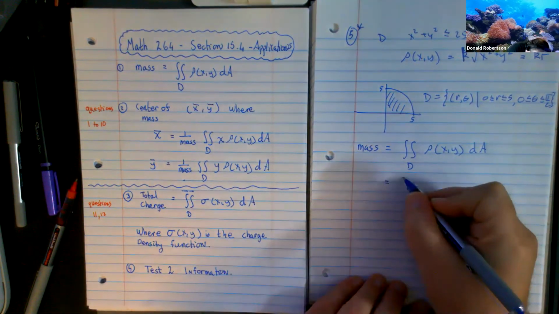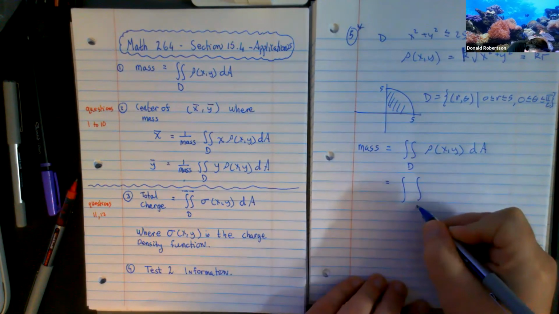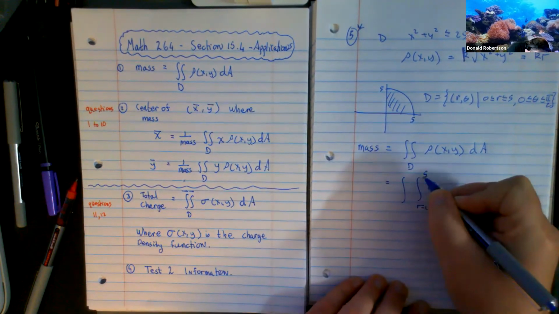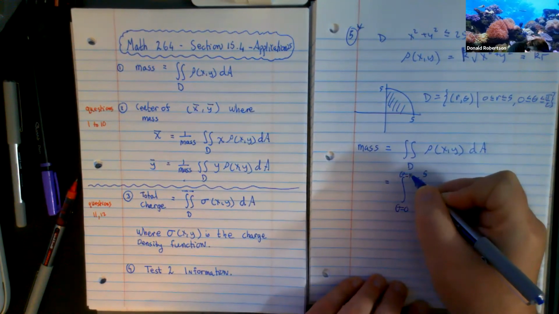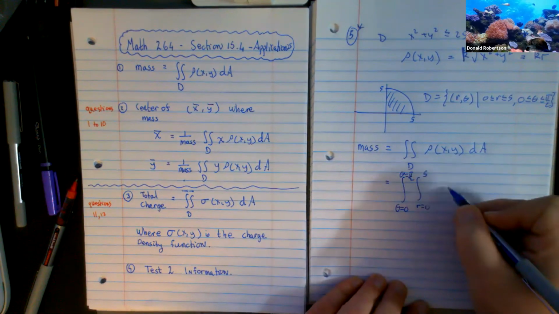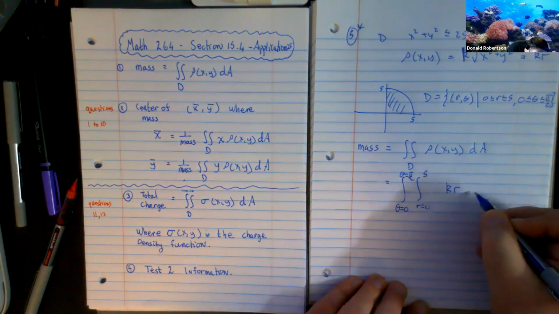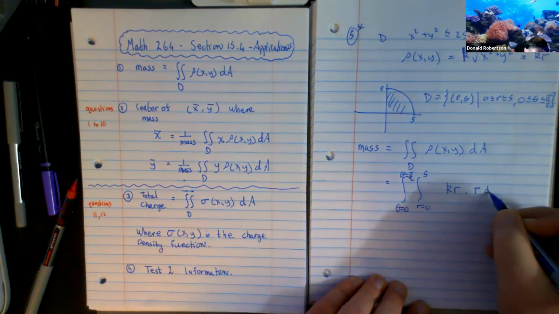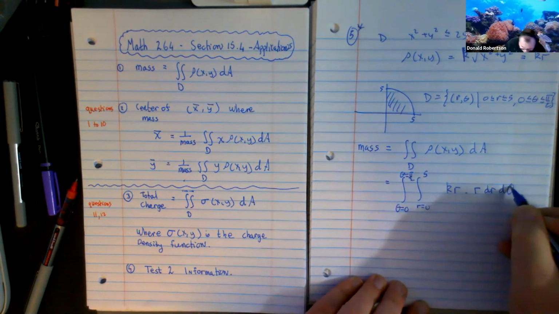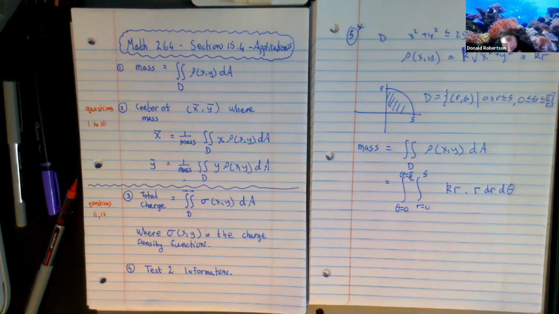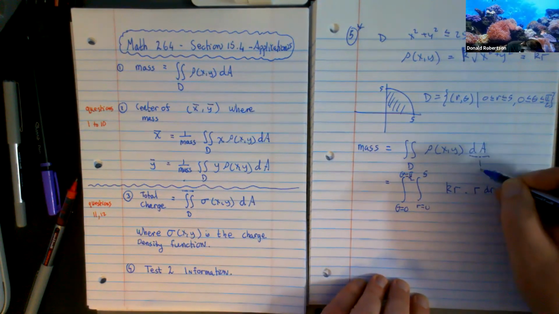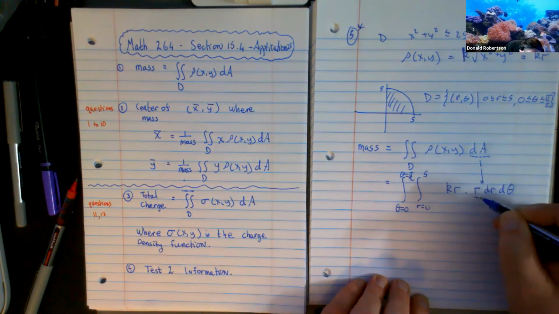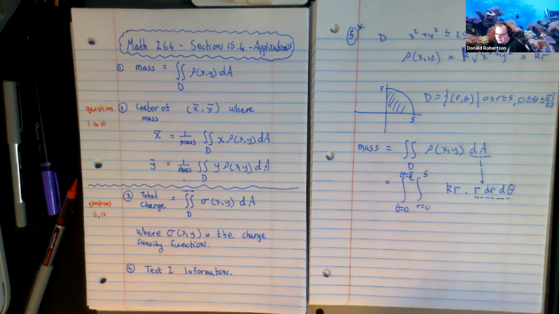So it's going to be from R equals 0 to 5, from theta equals 0 to pi upon 2, the density function, another R, dr d theta. I almost forgot it. When you do polar, don't you get an R as well as a dr d theta?